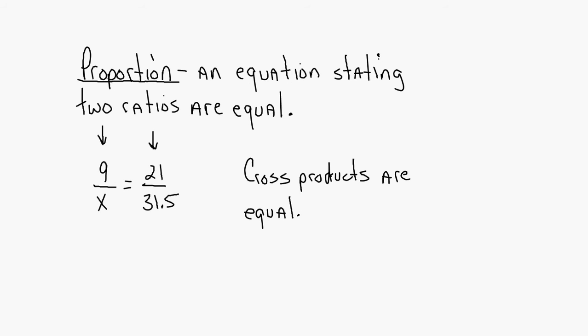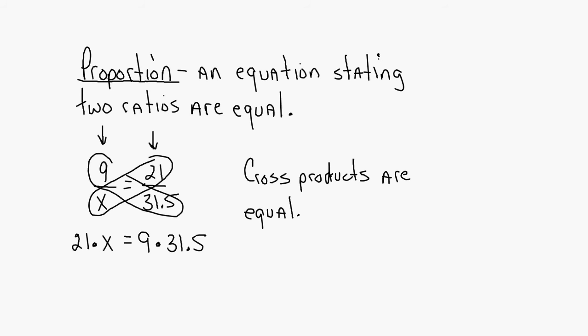What that means is that 21 times x is equal to 9 times 31.5. Cross products. The 21 times the x is equal to the 9 times the 31.5.